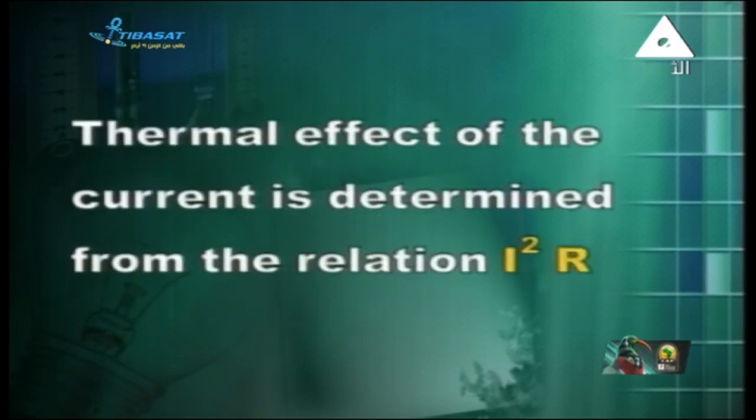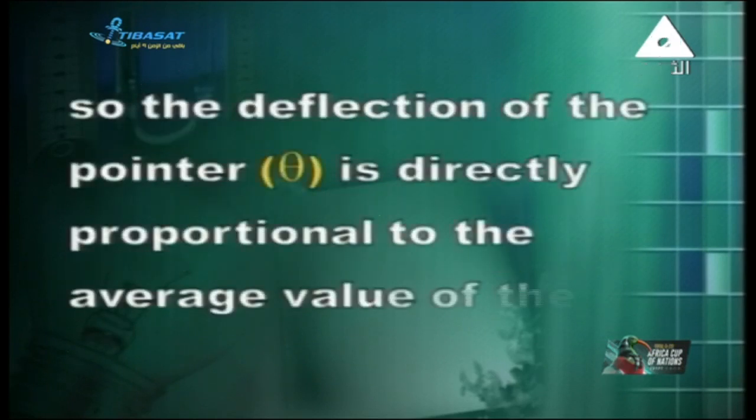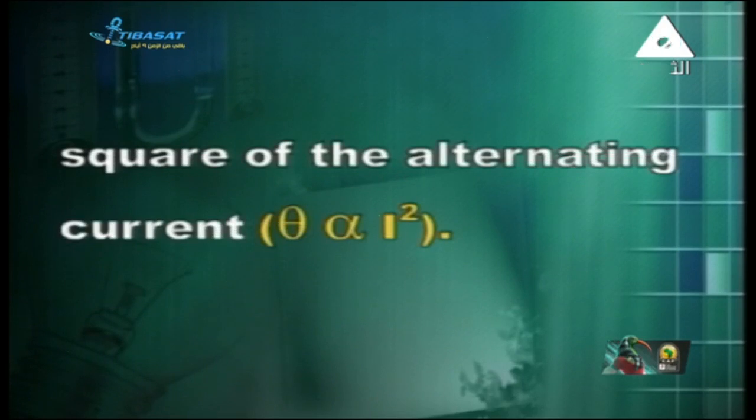The thermal effect of the electric current is determined from the relation I squared R. So the deflection of the pointer theta is directly proportional to the average value of the square of the alternating current. Theta is proportional to I squared, not proportional to I itself. That's why the scale is not uniform.